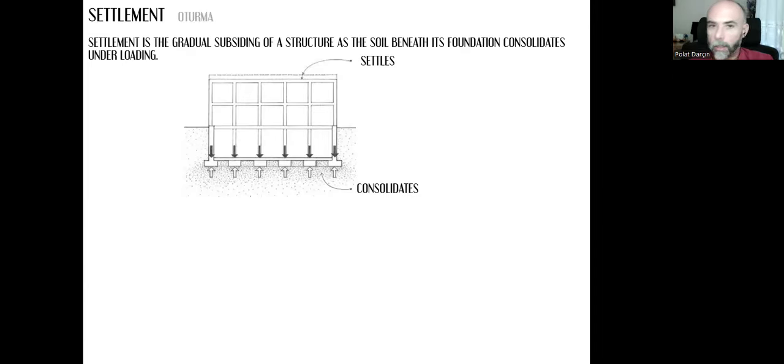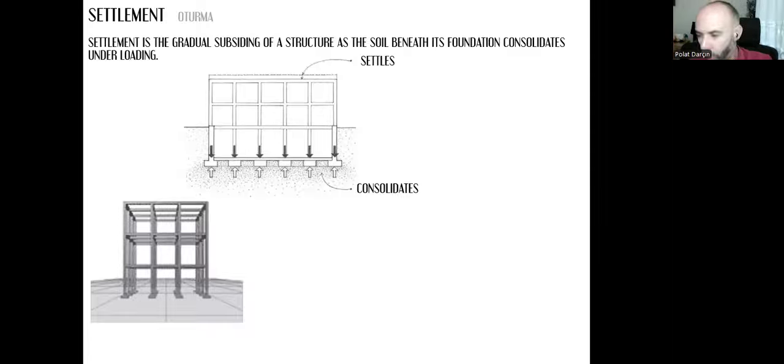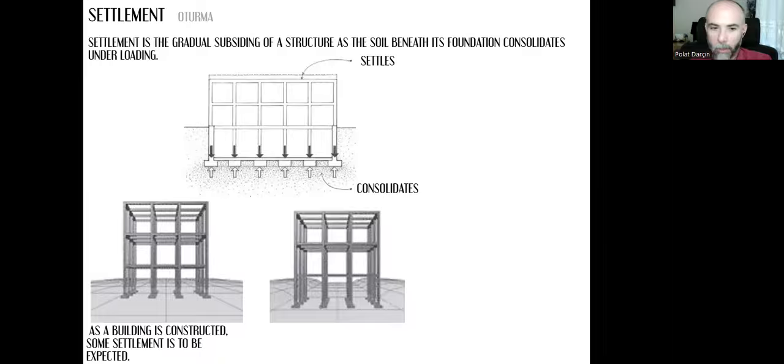It's the gradual subsiding of a structure as the soil beneath its foundation consolidates under loading. And that's normal. That happens all the time in all types of constructions. As the building is constructed, as we apply more and more loads over the ground, some settlement is to be expected.